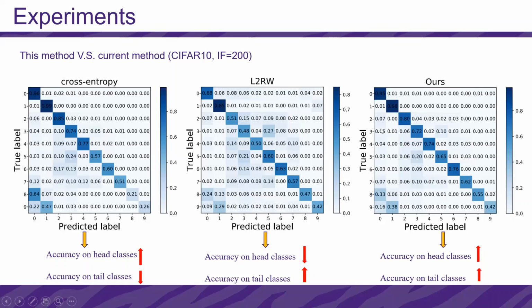But the method in this paper is very good. They maintain the accuracy on the head classes at 0.95 and also enhance the accuracy on the tail classes to 0.42, and before it was 0.26. So this method is very good for long-tail recognition.